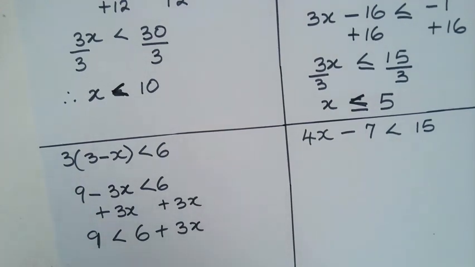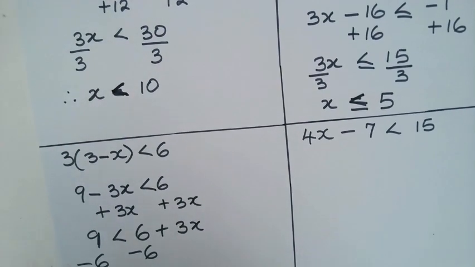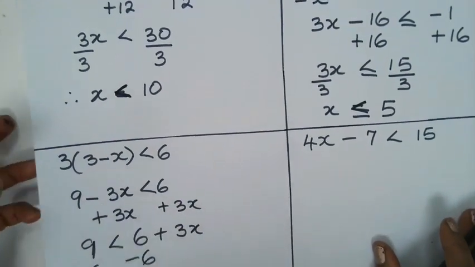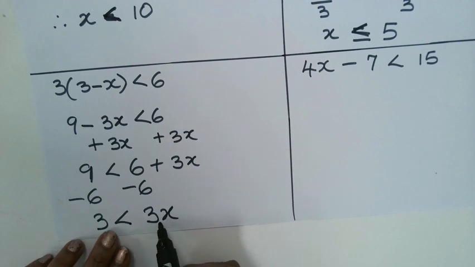Alright, so next thing I do is to take away 6 from both sides. Take away 6, take away 6. So we've got 3 is less than 3x. Now we're going to find x.